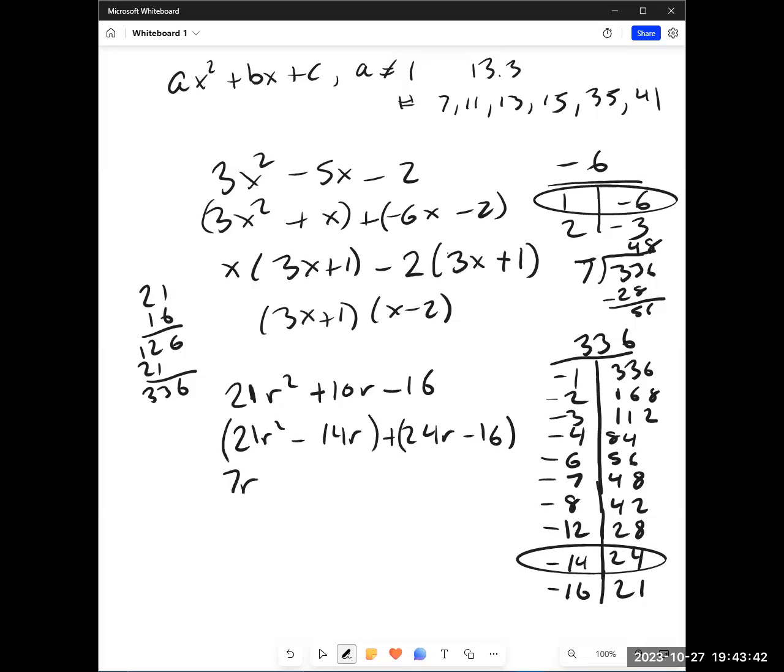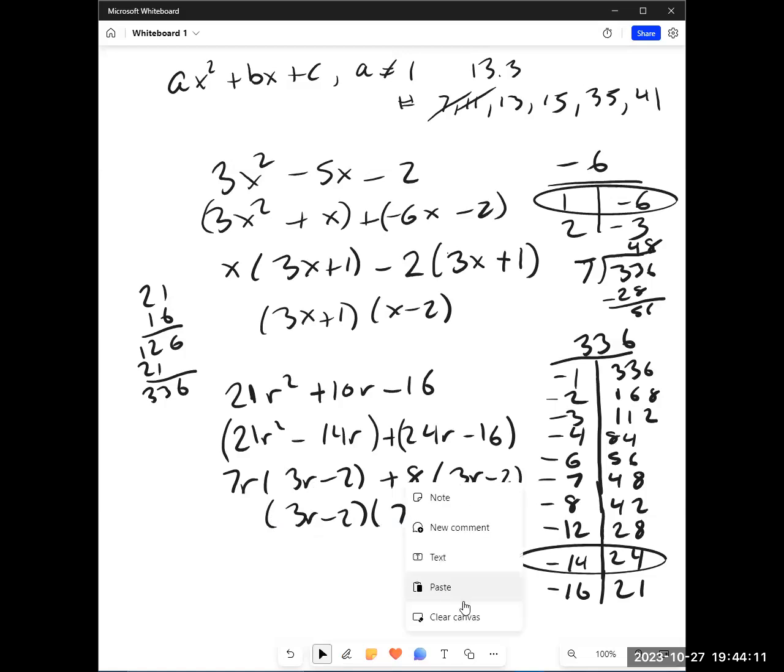So 7r times 3r minus 2 plus 8 times 3r minus 2, which is 3r minus 2 times 7r plus 8. I think you can see how helpful the chart can be, because we would have been here guessing and checking quite a while with that one to get that exact configuration.